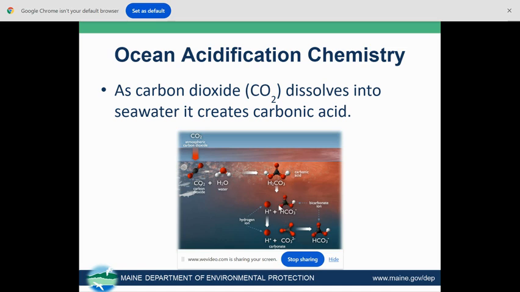And then this carbonic acid is going to release hydrogen ions, and it's going to create the bicarbonate ion and the carbonate ion as well as the hydrogen ion. Those hydrogen ions are what is causing the change in pH.